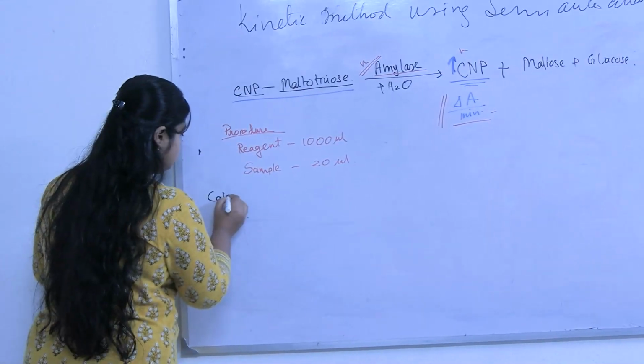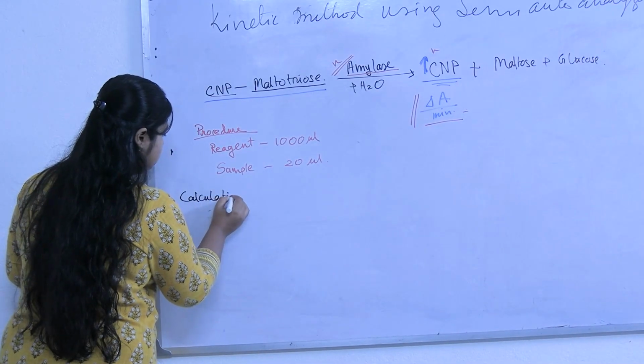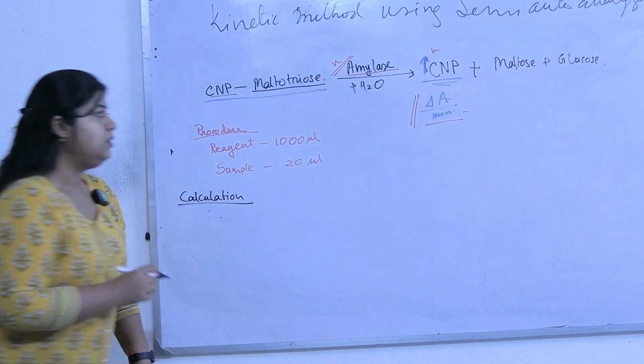Now come to the result or calculation. So, if we measure 3 times, we can easily calculate the delta A. Each time we will get the value of absorbance and each was for 1 minute. Right?